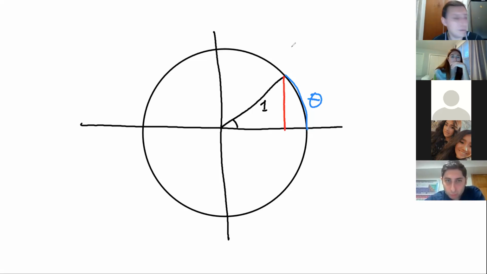This is my cosine. So this is cosine theta. This is sine theta. This is all 1, you can just remember it, right? Where in this picture is secant?